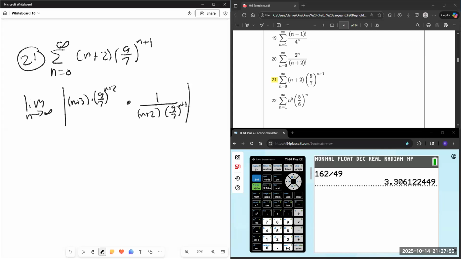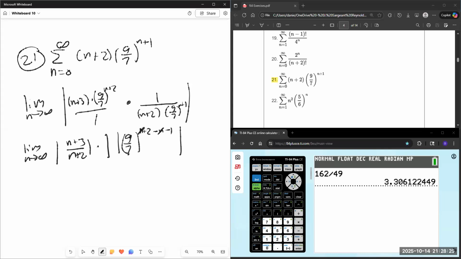So this is going to be the limit as n goes to infinity of (n plus 3) over (n plus 2) times the absolute value of (9/7) to the n plus 2 minus n minus 1. The n's will zero each other out.